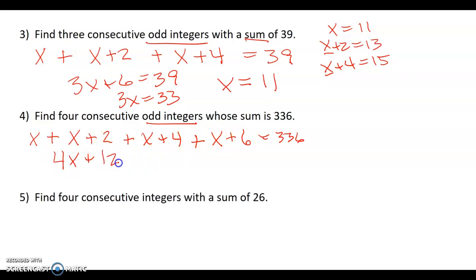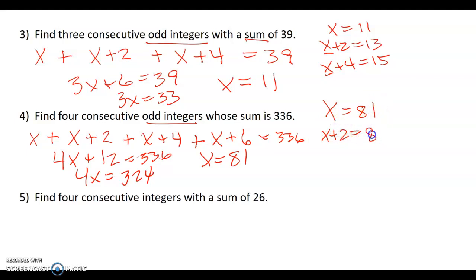We have 12. 336, 4x is equal to 324, so x is going to equal 81. Remember, these were odd integers, so x is equal to 81, x plus 2 is equal to 83, x plus 4 is equal to 85, x plus 6 is equal to 87.